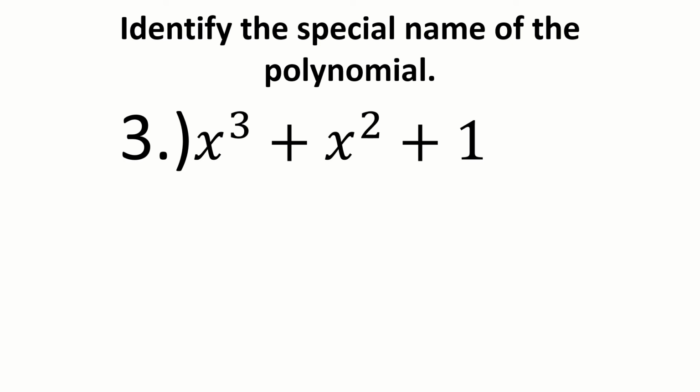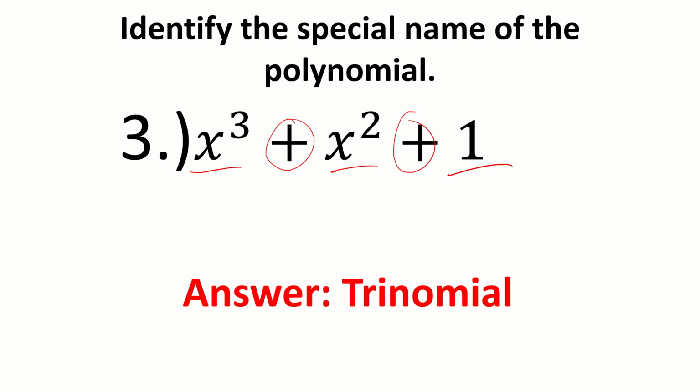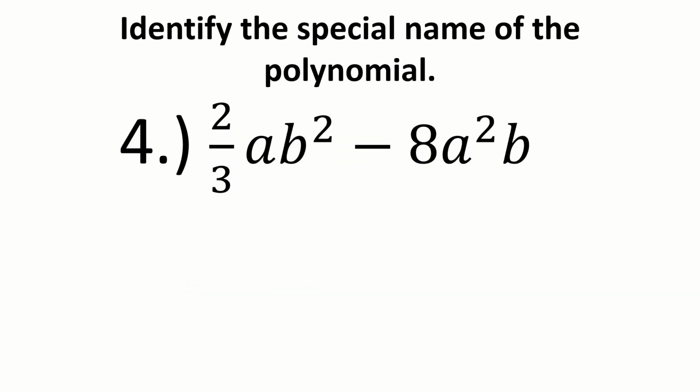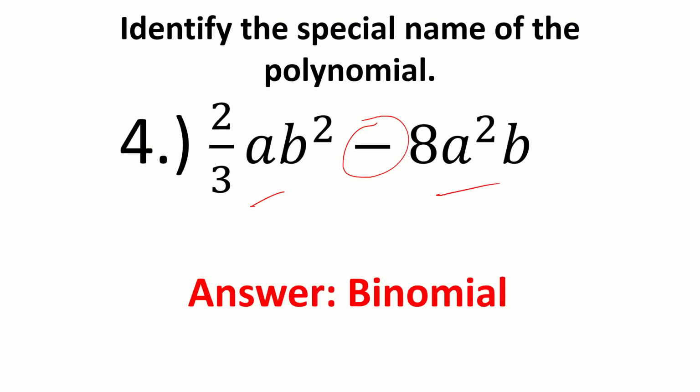Number 3, x cubed plus x squared plus 1. So there's a plus. First, second, third term. Three terms, so therefore, trinomial. Okay, number 4, 2/3 ab squared minus 8a squared b. So there's a minus, first term, second term. So two terms, binomial.